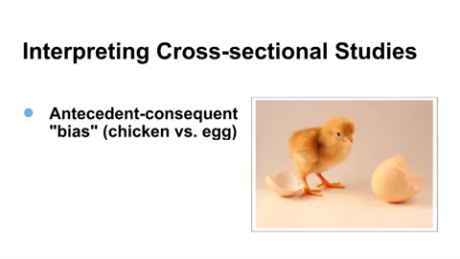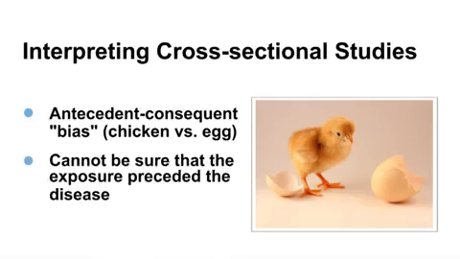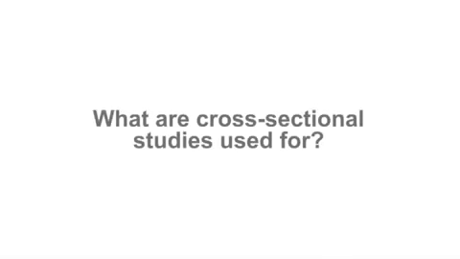In a cross-sectional study, we ascertain dietary patterns at the same time as we obtain data on the presence or absence of arthritis. Thus, you cannot be sure that the exposure preceded the disease, as they are both ascertained at the same time.